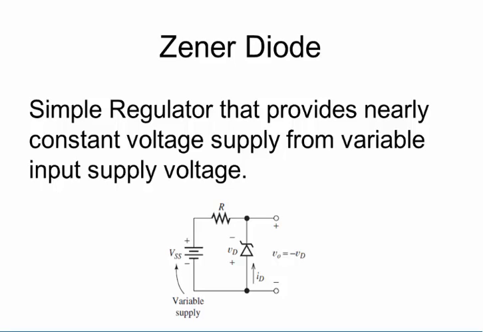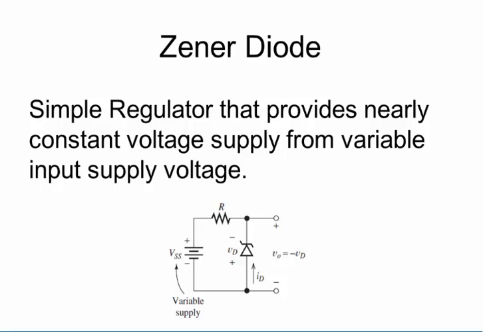The next type of diode we're looking at is the Zener. Zener is a very interesting diode. It's operationally the same as a normal diode in forward bias. In reverse bias there's a slight difference: when it goes into breakdown mode, it doesn't self-destruct.